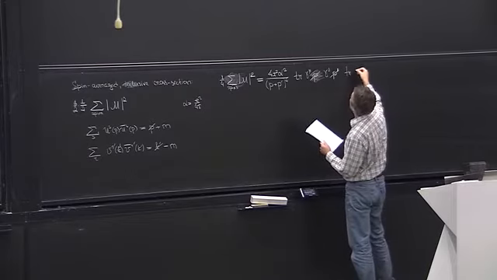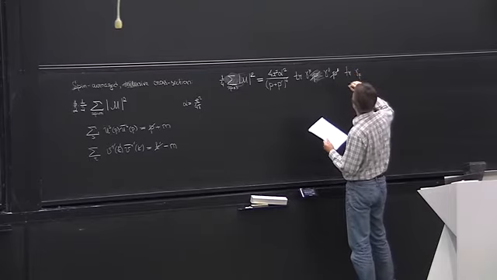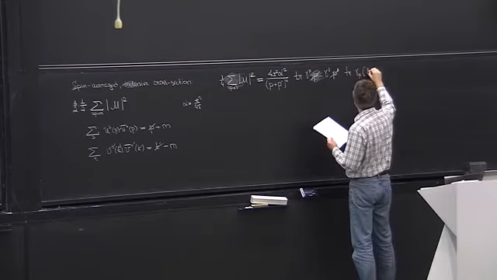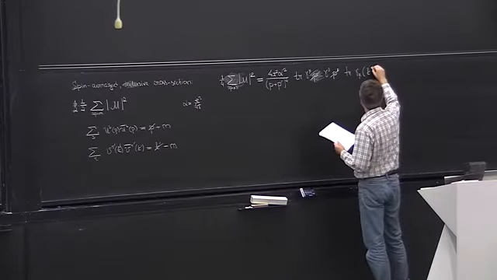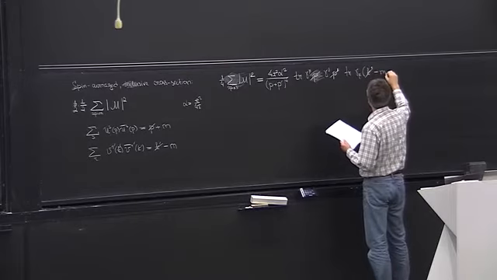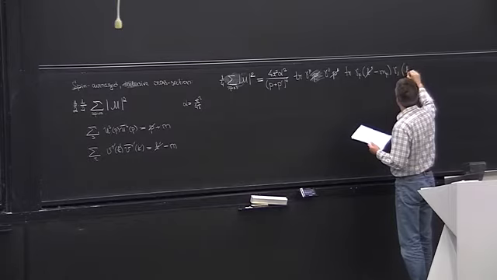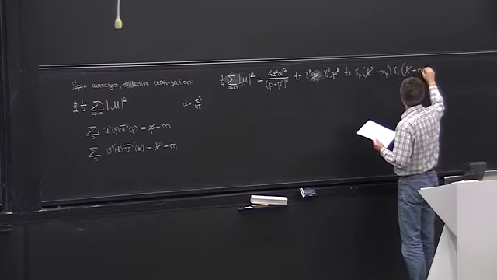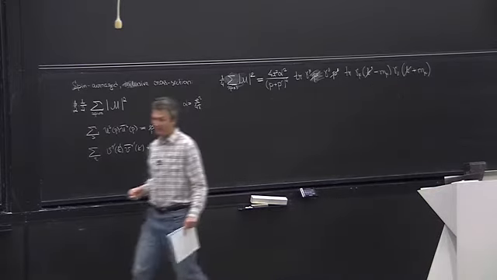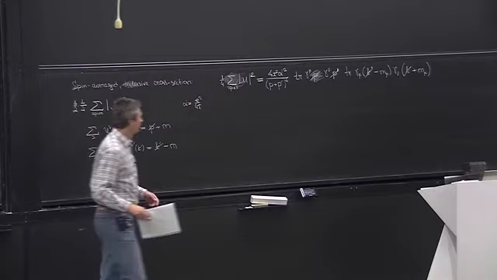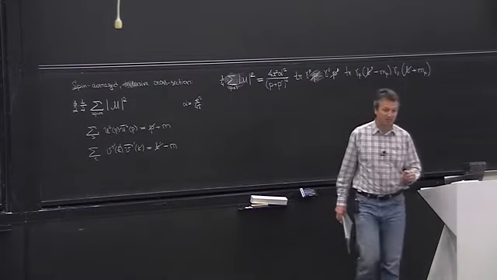So this will be equal to gamma nu K prime slash minus M mu, gamma nu, K slash plus M mu. So this is already not that bad.